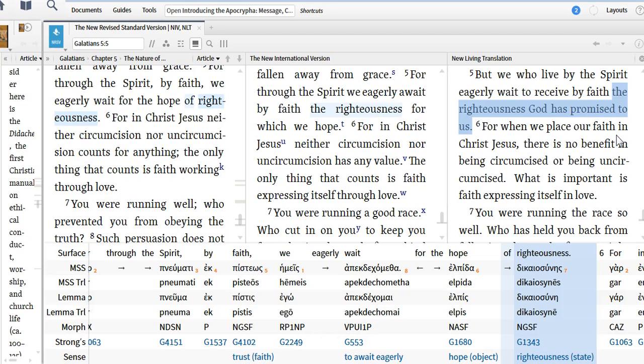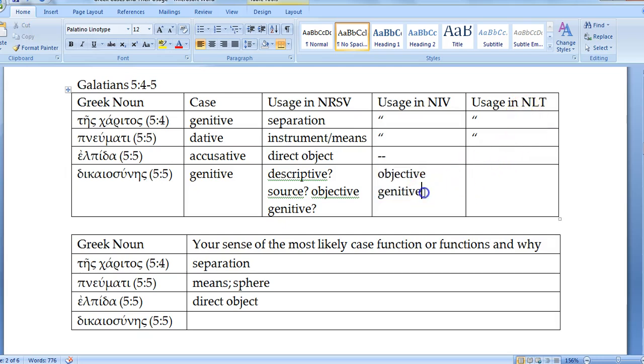So righteousness again is being shown as the object of our hope, and in this instance, hope is being translated very freely and from a different perspective as what God has promised to us. Nevertheless, what we do find is that the NLT also has made that determination and has not worried really about representing the accusative case of elpida in any meaningful way.